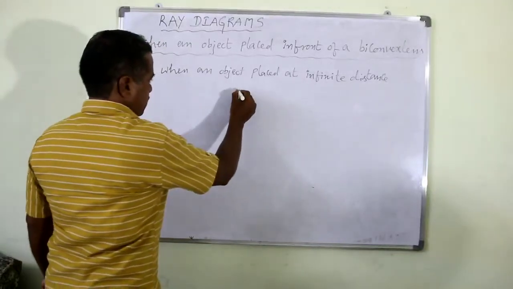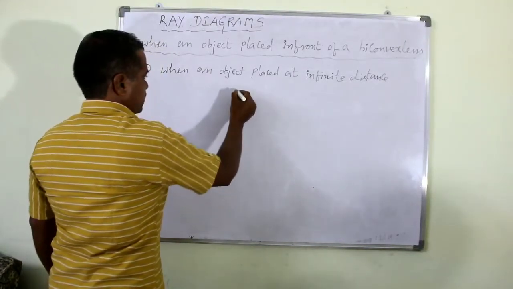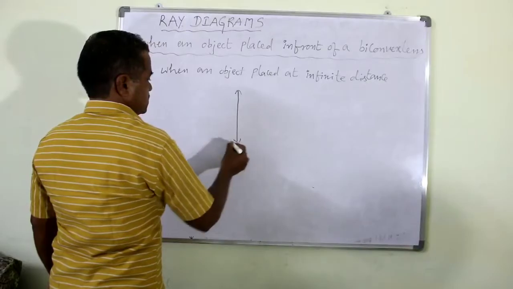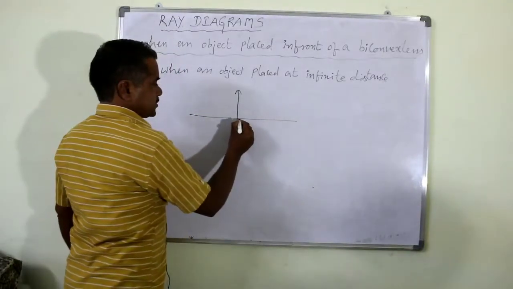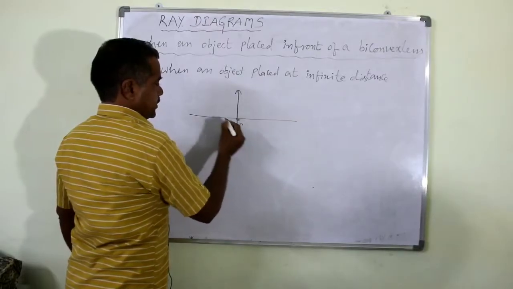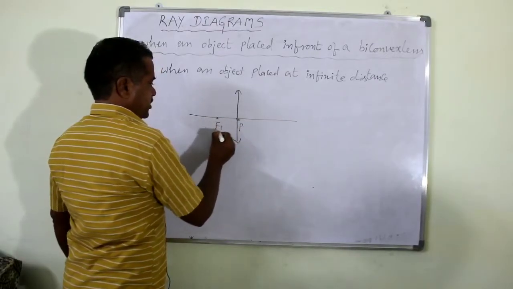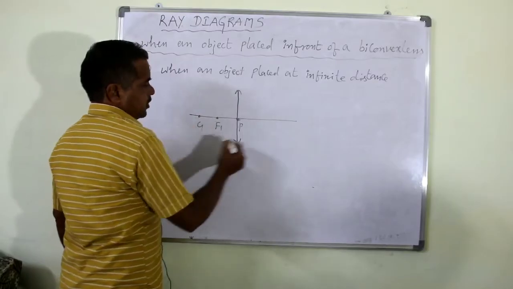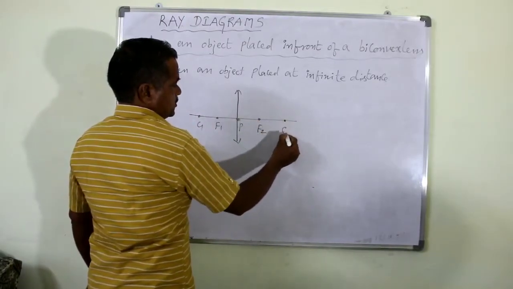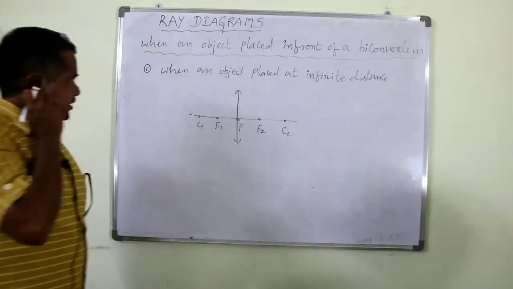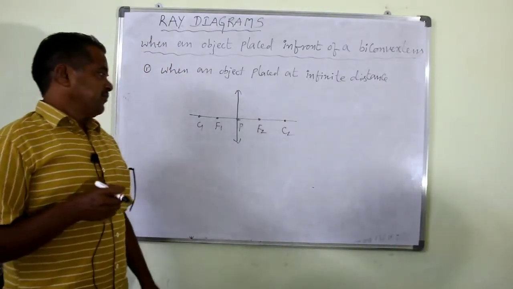So draw one biconvex lens symbol. This is the principal axis, optic center P, F1, C1, F2, C2. Here we are taking the case where the object is placed at infinite distance.